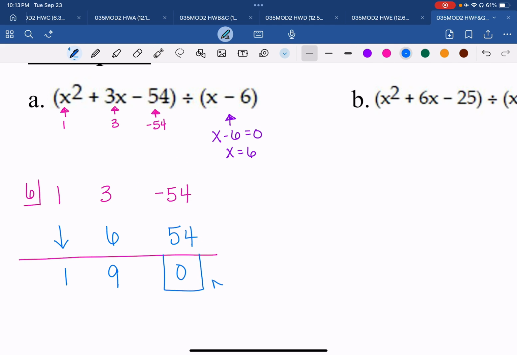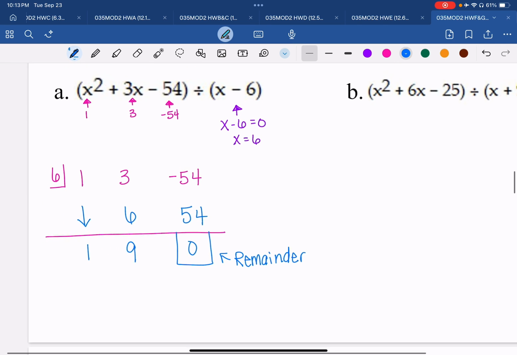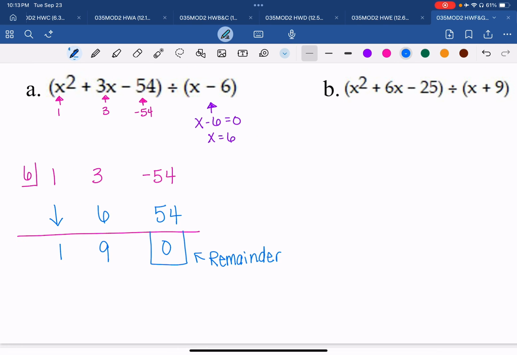This number is the remainder. These 1 and 9 coefficients mean that if I started with x squared, this is going to be 1x plus 9, no remainder. Much quicker than long division.